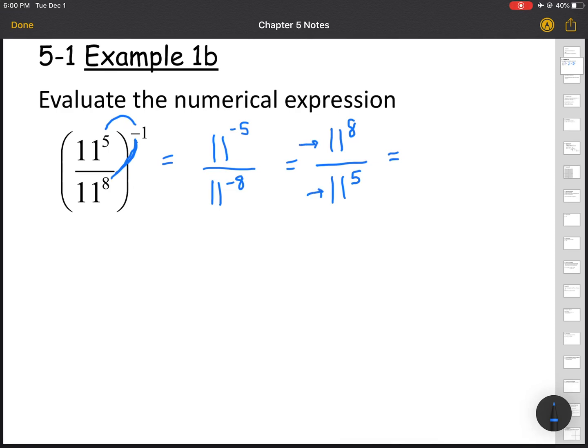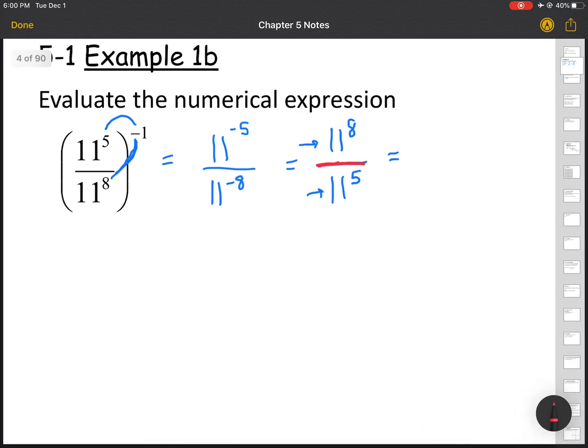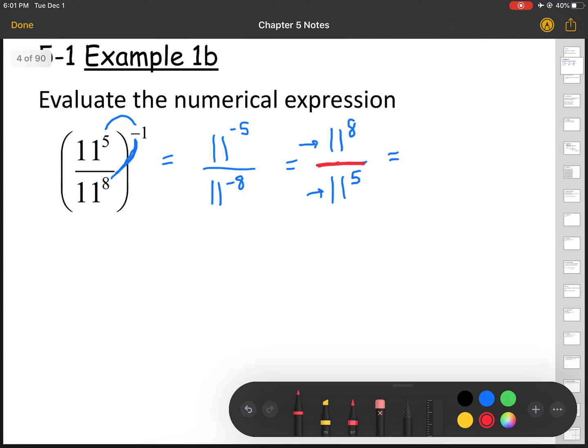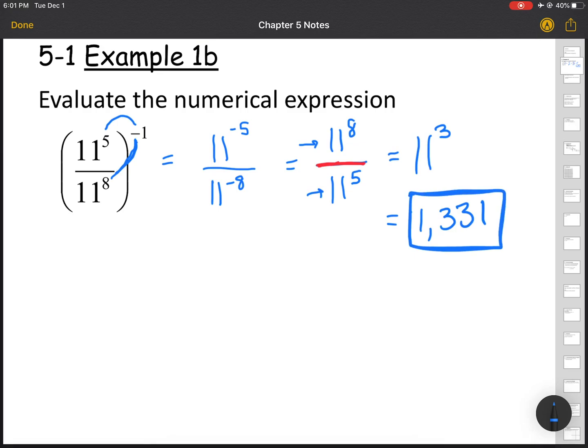Since they have the same base, I just need to take my exponents and subtract them. Okay? Remember that minus sign there when we divide. So that becomes 11, and 8 minus 5 is 3. And 11 to the 3rd power is 1,331. So here's my answer evaluated all the way down from that expression.